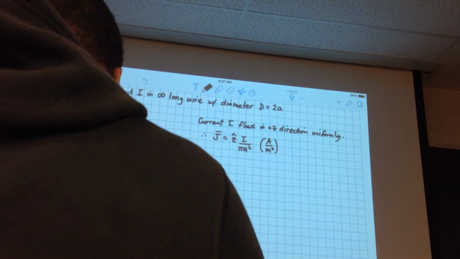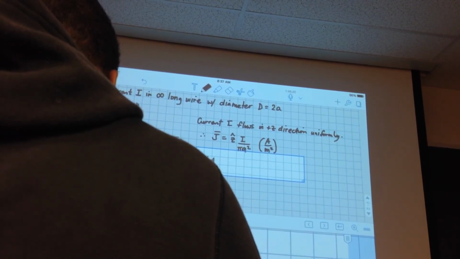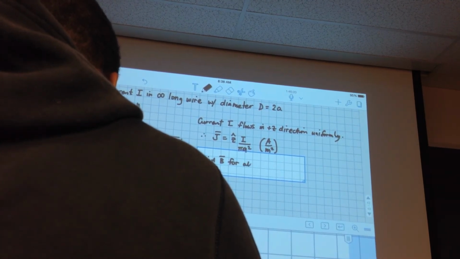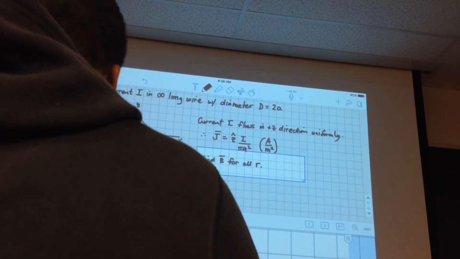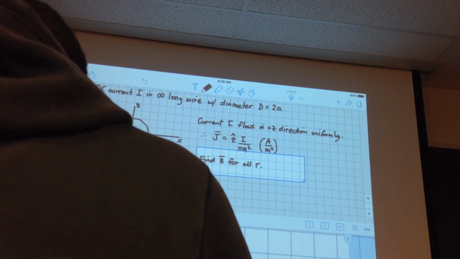So the question then is, find the magnetic field for all distances away from our z-axis.